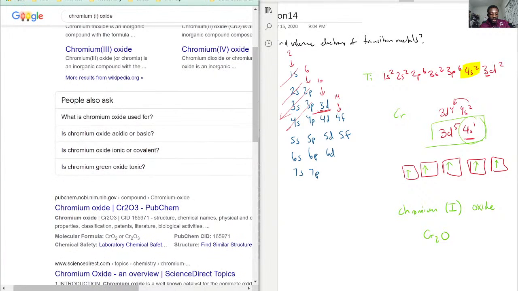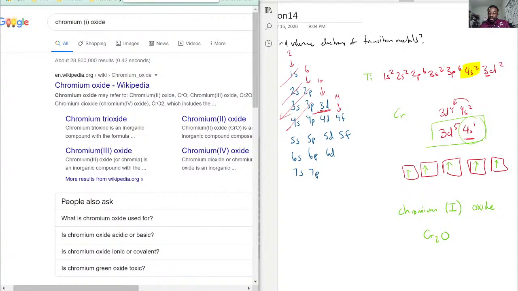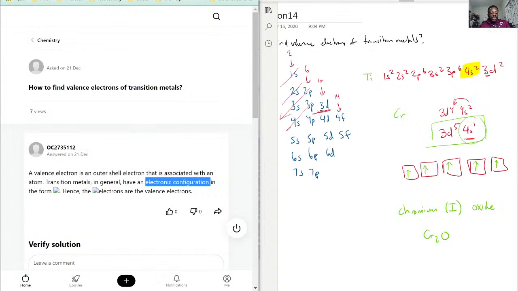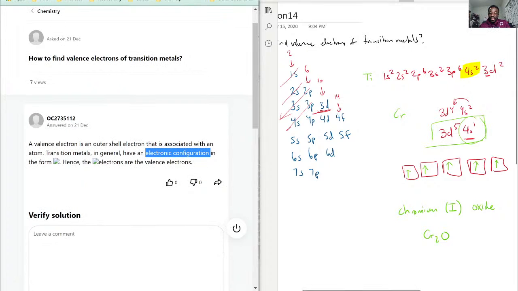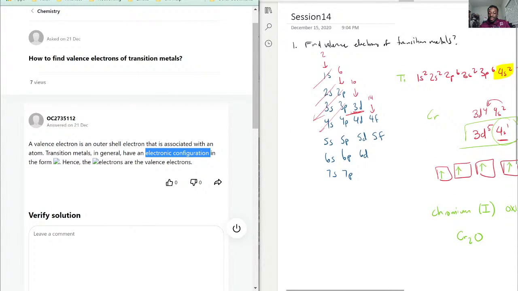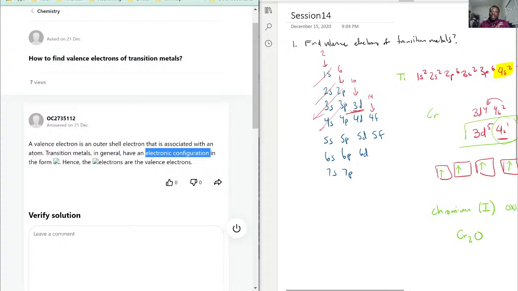does chromium even have? Or is it because of the d orbital? And this is why transition metals are always tricky. So, in summary, I would say the best way to find transition metals in terms of valence electrons is to check out its electron configuration.